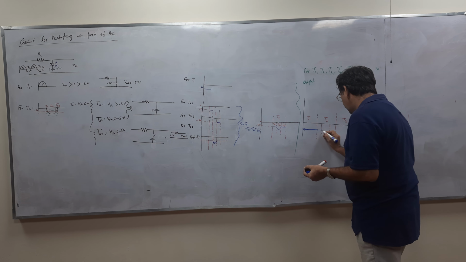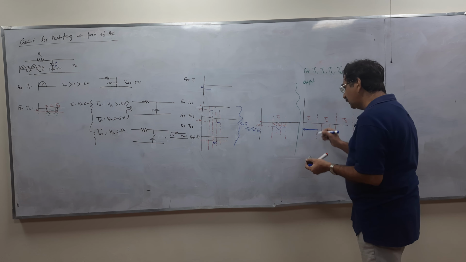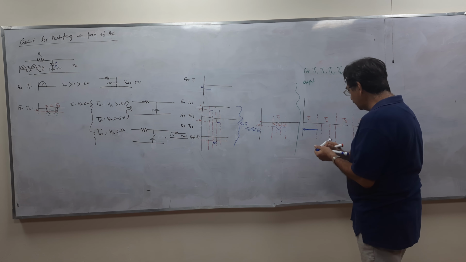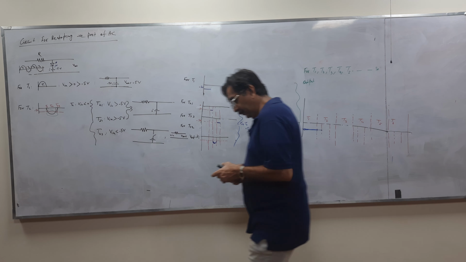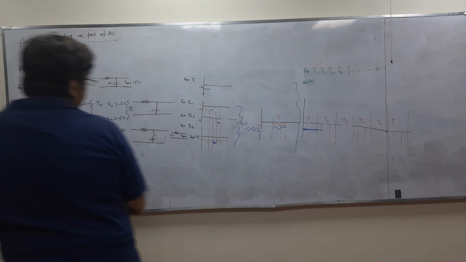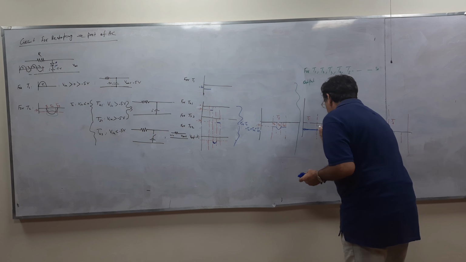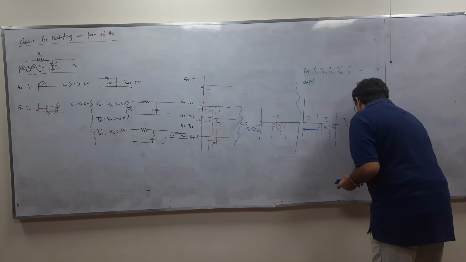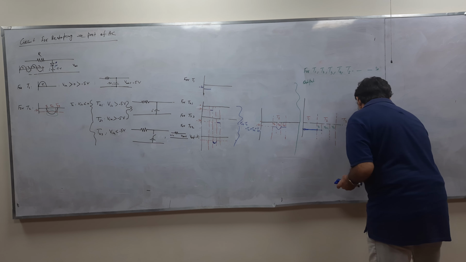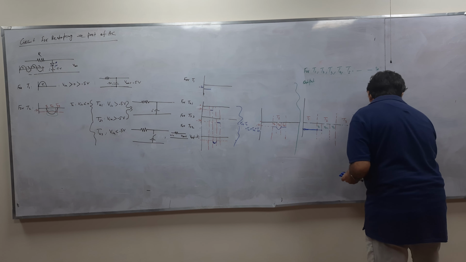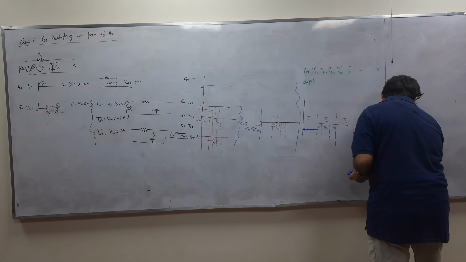Okay, I must write this: this is T21, this is T22, this is T23, this is T41, T42, T43, this is T61, T62, T63.